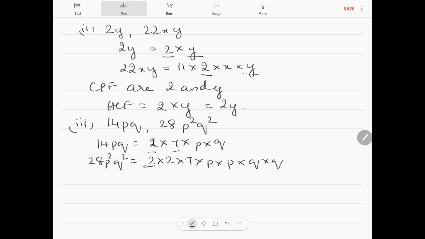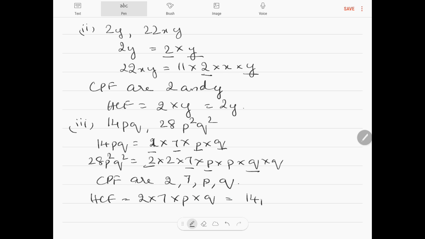So 2 is in common, 7 in common, p in common, q in common. So common prime factors are 2, 7, p, q. So HCF is 2 into 7 into p into q, which is 14pq.